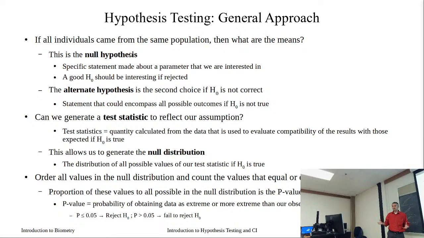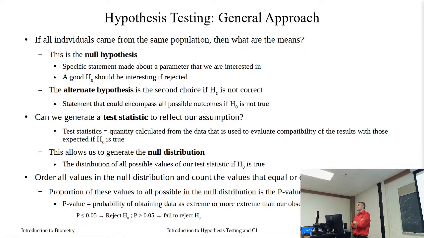If we assume that they all come from the same population, then we set up the null hypothesis, which is the mean lengths are the same. Now, I say a good null hypothesis should be interesting if rejected. And that's what these no differences are. They're interesting. And it's not interesting if there is no difference. You could argue otherwise.